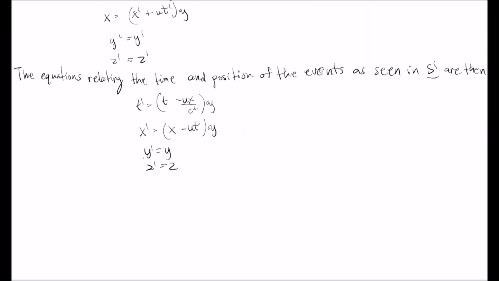Now for the equations relating the time and position of the events as seen in S prime, the moving frame, t prime equals t minus the speed of the moving frame times x over c squared, times gamma, and x prime is x minus the speed of the moving frame times time, where this time is the time observed in S, times gamma, and y prime is just y, and z prime is z.